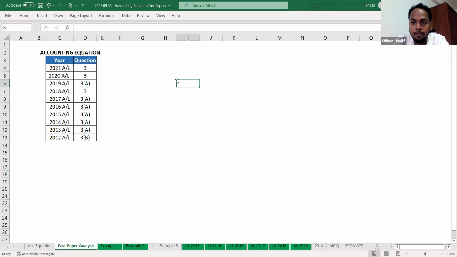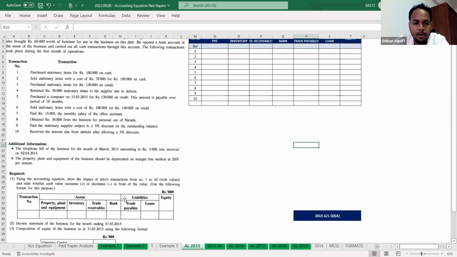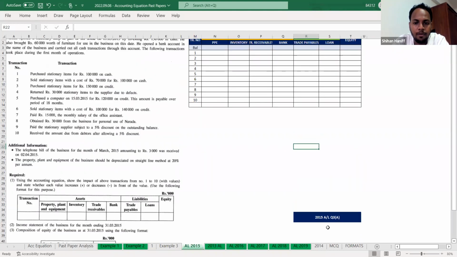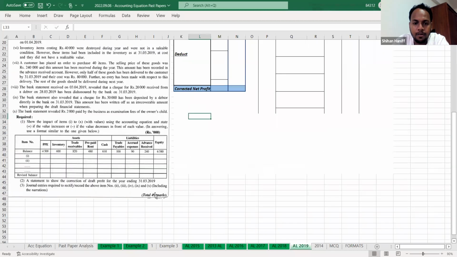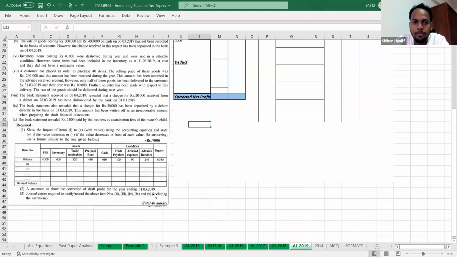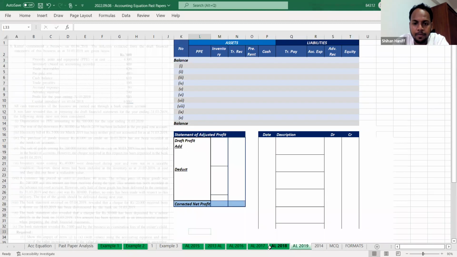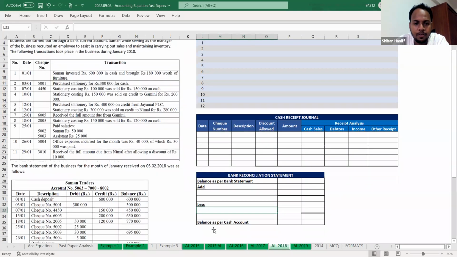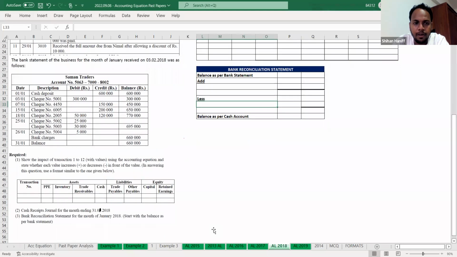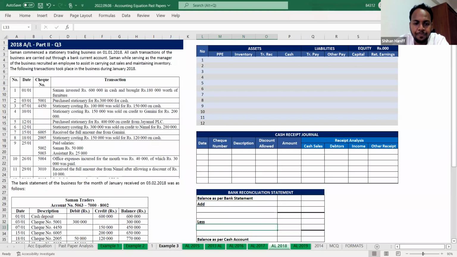There are two types of questions. One is in the second paper, where you will have a question for about 30-40 marks, or 20 marks. It's one of the main questions.